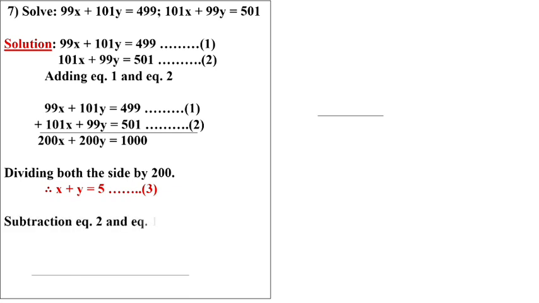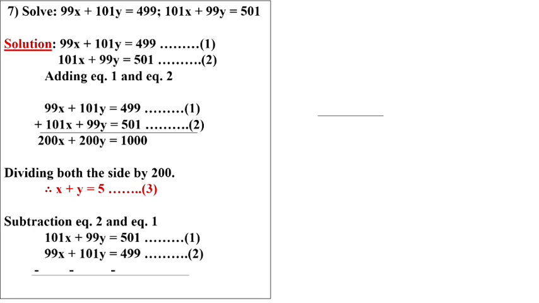In the same way we can subtract equation 2 from equation 1. When we subtract, the signs change. From 101x minus 99x we get 2x, and from 99y minus 101y we get minus 2y, because 101y is greater so it has the minus sign. Then 501 minus 499 gives 2, as 501 is greater so the sign is positive.